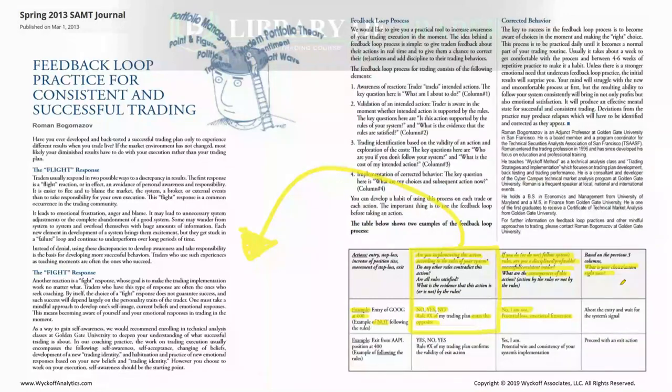And this is the process where, obviously, we are creating so much value for ourselves in the way we change the behavior. We can abort the entry and wait for the system's signal. That way we will avoid this loss.